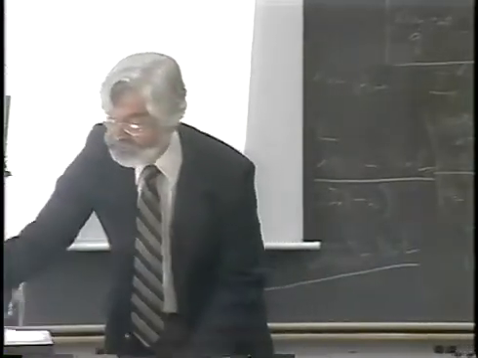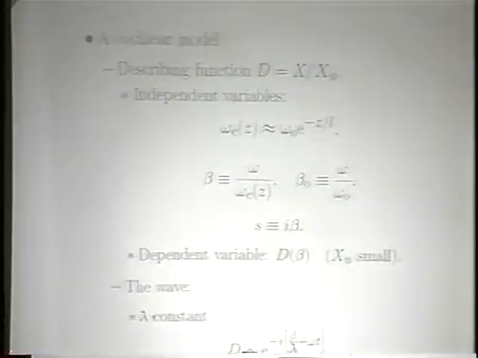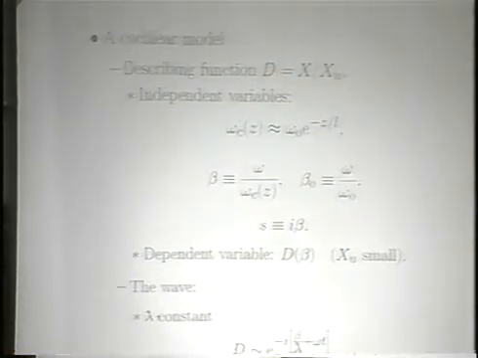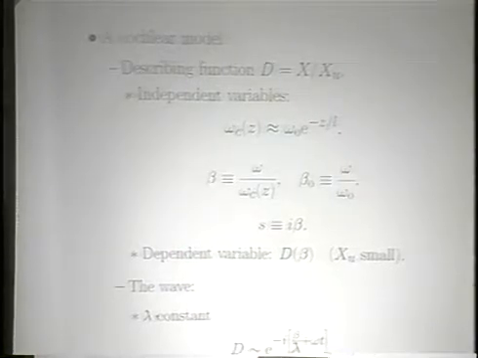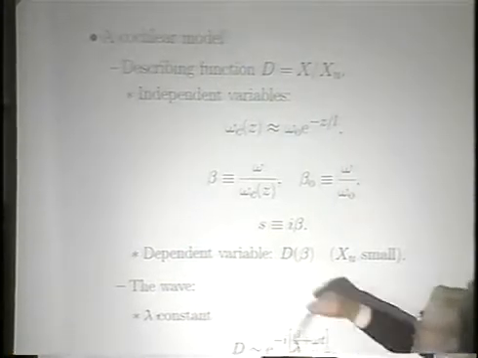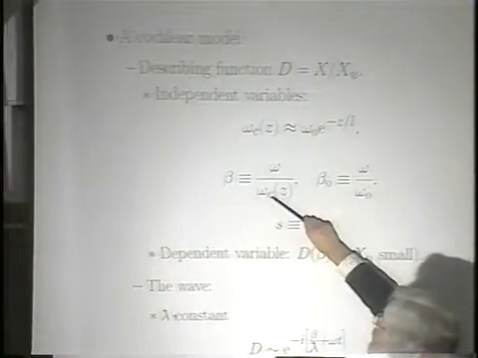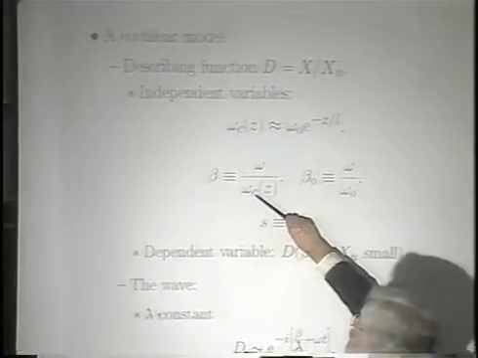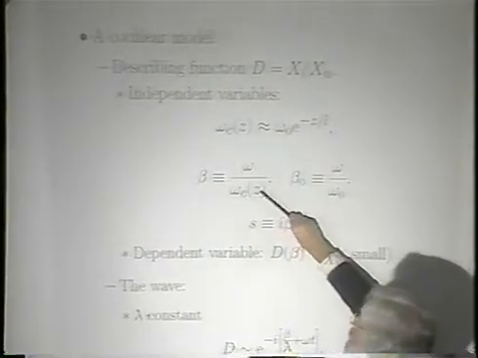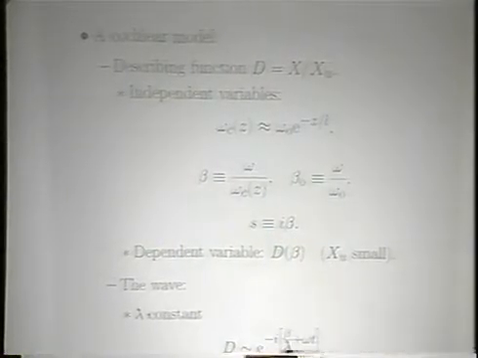If that's true, then this describing function, which should depend upon both position and frequency, depends only on a single variable. And that variable we call beta, and it's the frequency divided by the resonant frequency of a particular point at which you might be.